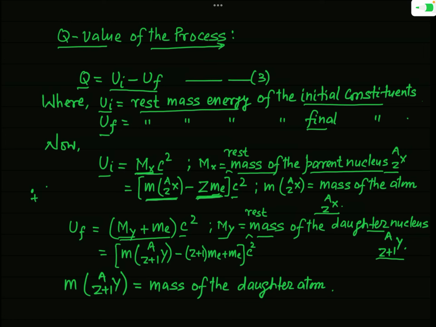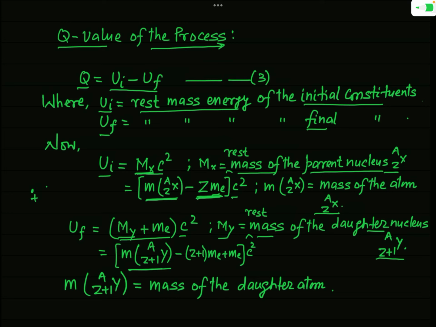And if we consider that the mass of the atom of the daughter nucleus is m of Z plus 1 Y, then we have to subtract from this mass the mass of the total electrons present in that atom. Then you will get the mass of the nucleus, because mass of atom minus mass of electrons is equal to mass of nucleus.